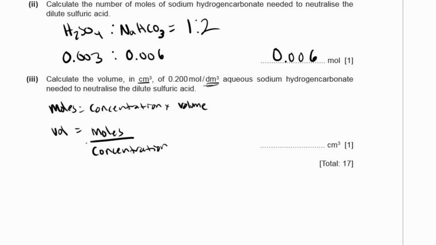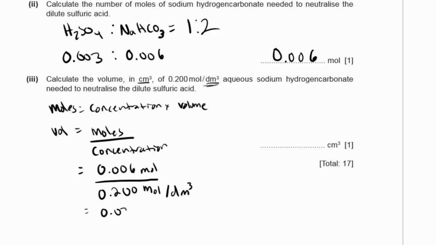concentration. So you just calculated 0.006 moles, divided by 0.200 moles per decimeter cubed, and that gives you 0.03 decimeters cubed.